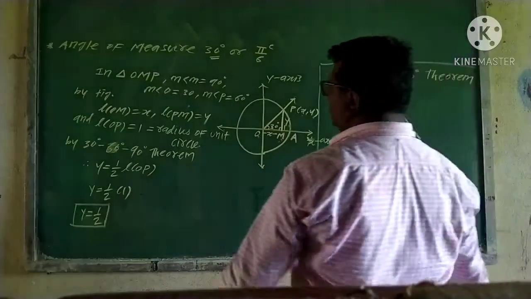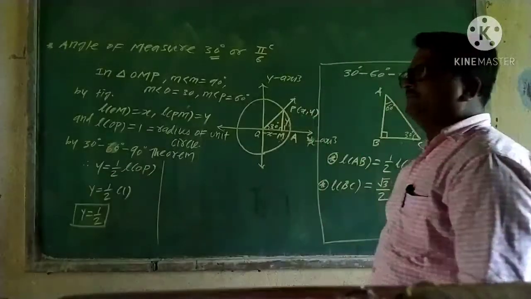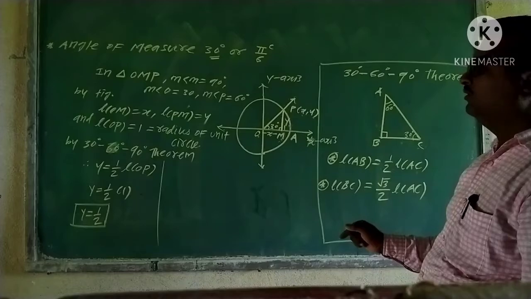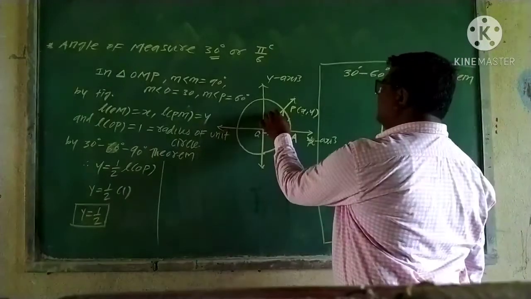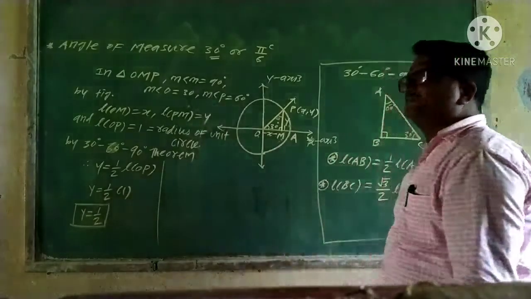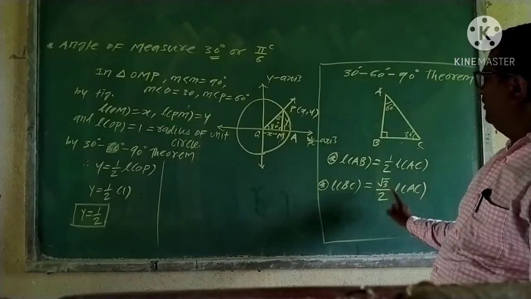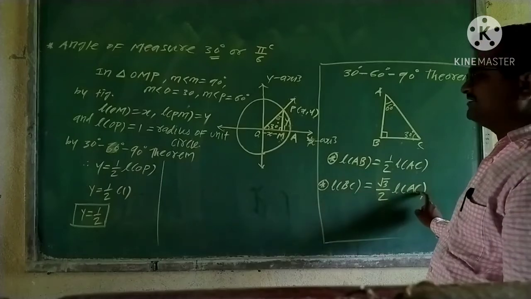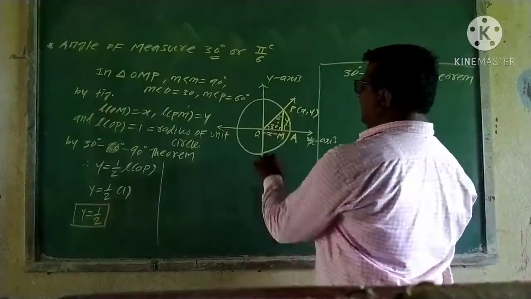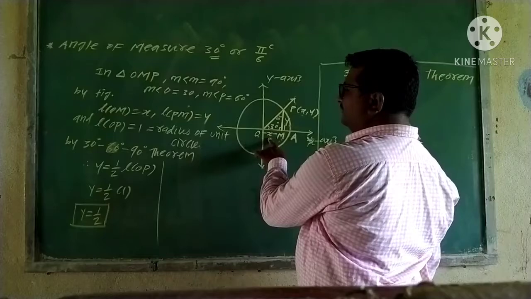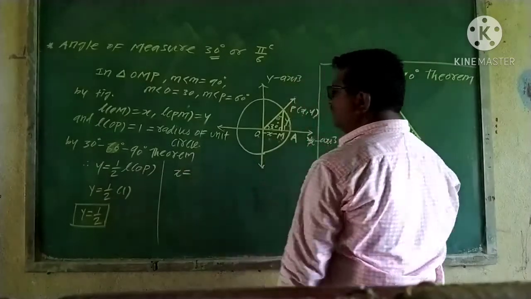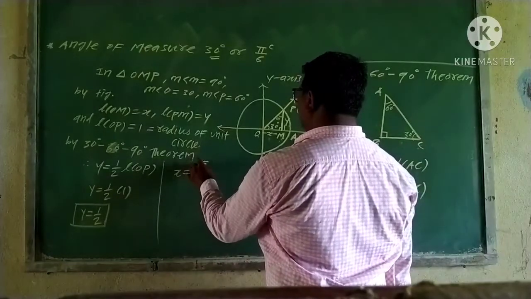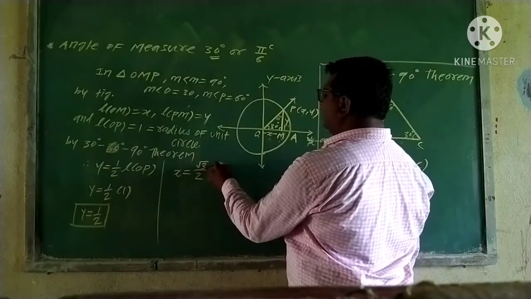By this same theorem, the side which is opposite to the angle of measure 60 degree, now where this angle is of 60 degree, is equal to square root 3 upon 2 times the hypotenuse. So x is equal to square root 3 divided by 2 times length OP.